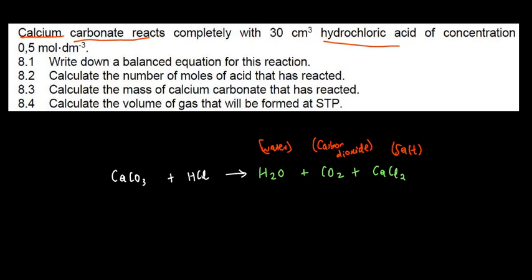For example, here there are two hydrogens and here it's only one, so you have to put a two there to balance. Then it will be balanced, because the chlorines are two, the oxygens are three on both sides, you have a carbon on each side, and you have a calcium on each side.